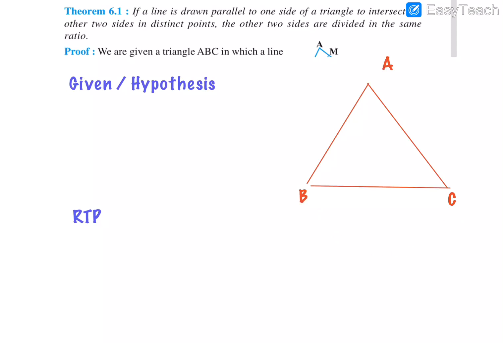So the one side of the triangle we are taking is BC. We have to draw a line parallel to BC such that it intersects the other two sides in two distinct points. You can draw a parallel line outside also, parallel to BC you can draw so many lines outside. But it says it should intersect the other two sides.